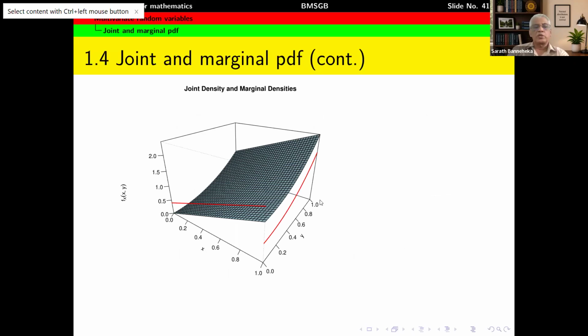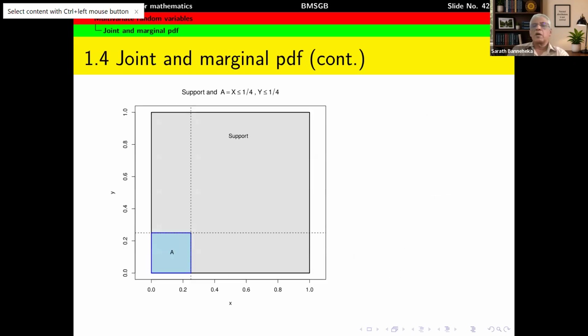So the question is how to get the marginal density function of x and of y. In this case, it's very easy. To get the marginal density function of x, we integrate the joint density with respect to y.